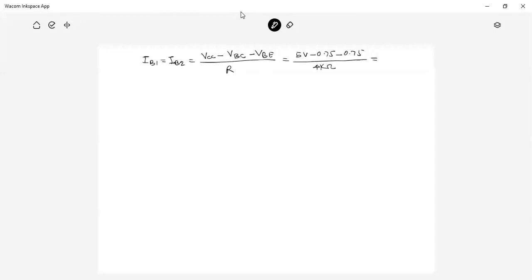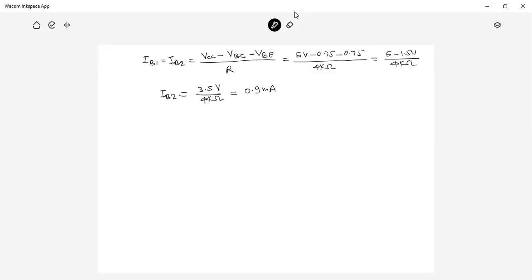So this is 5 minus 1.5 volt, divided by 4 kilo ohm. This is 3.5 volt and this is 4 kilo ohm, so this is 0.9 milliampere, the current IB2.